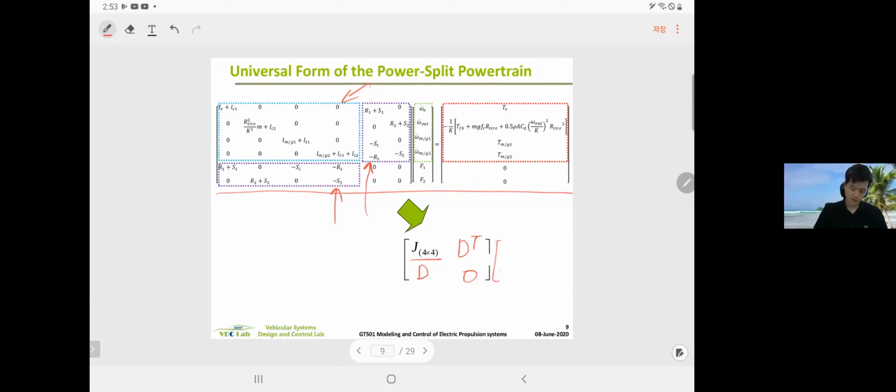And then we have the state vector, and then F, right? So these are all vectors. And then we have the torque vector. But of course, there are some other terms, which is road load. So we were able to see these patterns, so maybe we can automate this modeling process.